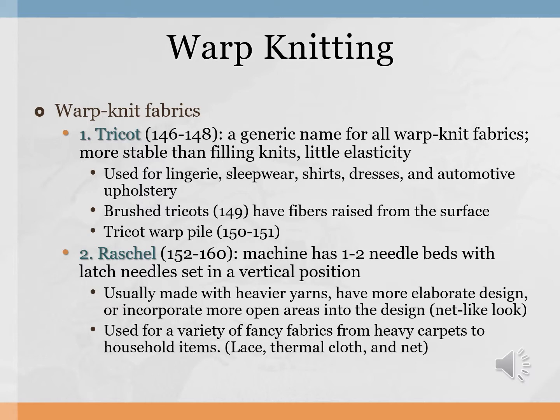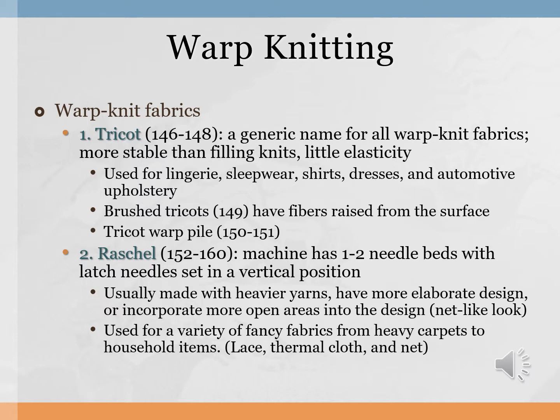On the flip side, you have the Rochelle knits, and that machine has one to two needle beds with latch needles that are set in a vertical position. The types of knits you'll see are made with heavier yarns. They have much more elaborate design, but they also incorporate more open areas into the design. Think about netting.